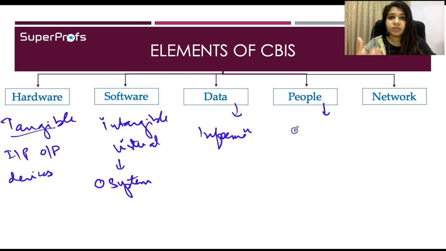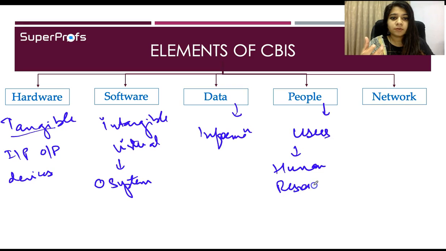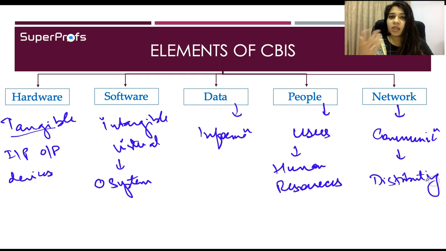People are the users associated or the human resources which will ensure that the work is being done. And network is your interconnection or the communication which will be used for distributing the information between different elements. All right. So these 5 elements are the elements of CBIS.